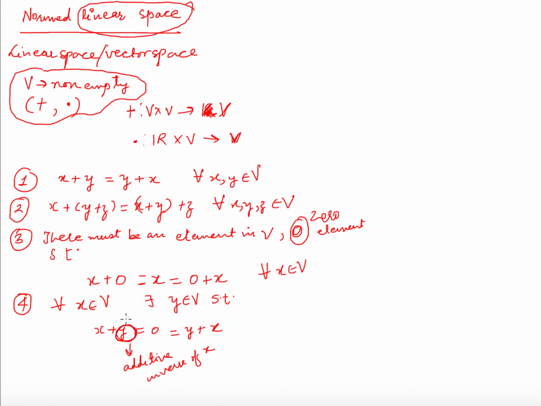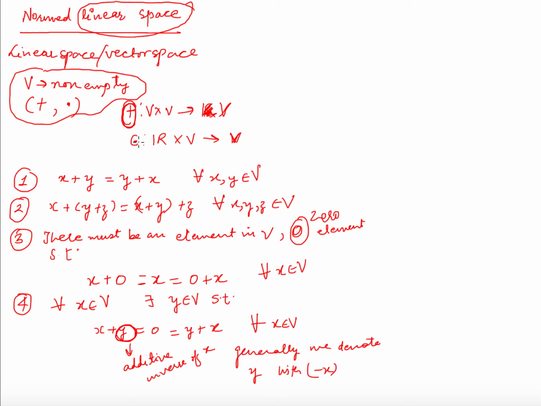It means this is that element which, when you operate with this plus sign on x, you get the zero element of the vector space. This should be true for all x in V, and generally we denote this y with minus x. This doesn't mean that if your x is 5 then this is minus 5. No, it's just a notation. These are the four properties which this plus operator should satisfy.